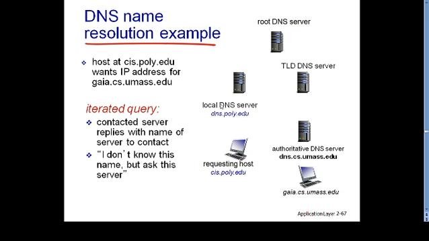This local DNS server is not part of the DNS hierarchy of servers, which includes root, TLD, and authoritative. Instead, this DNS server is acting as a proxy server which keeps one copy of information that can be used by other requesting hosts.